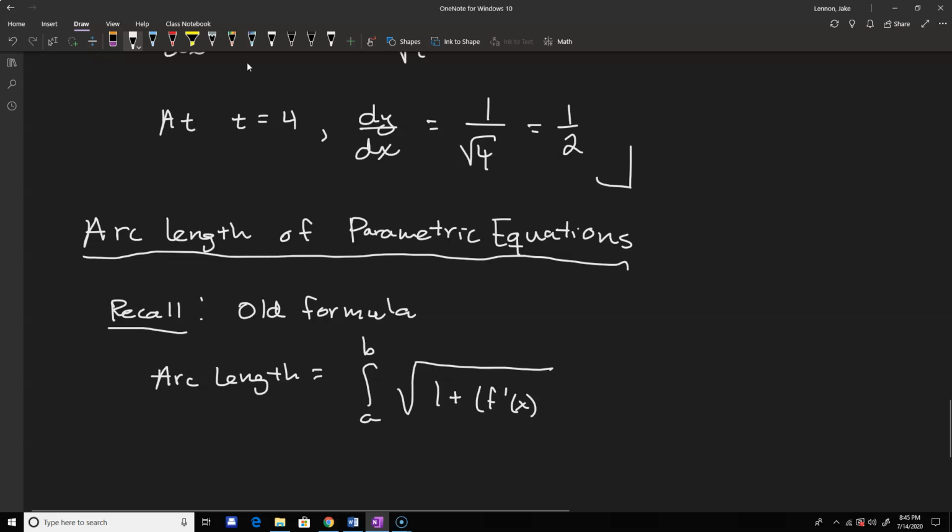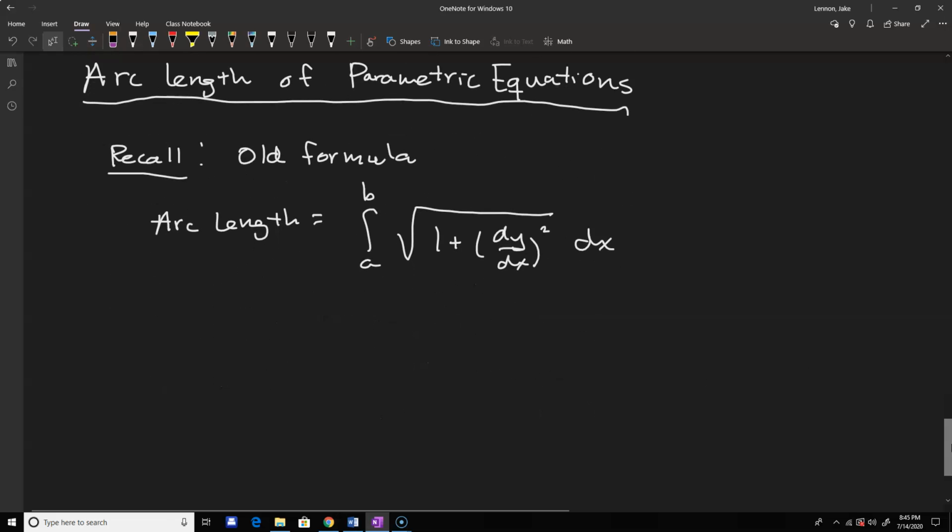Well, let's just use dy/dx, in fact. That'll make things a little bit cleaner. 1 plus dy/dx squared times dx.